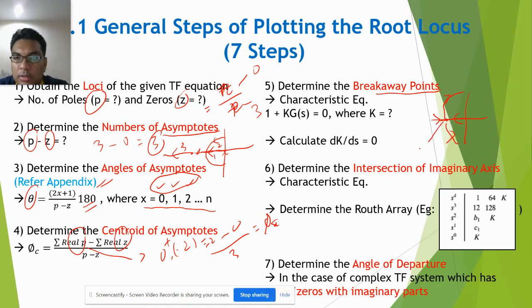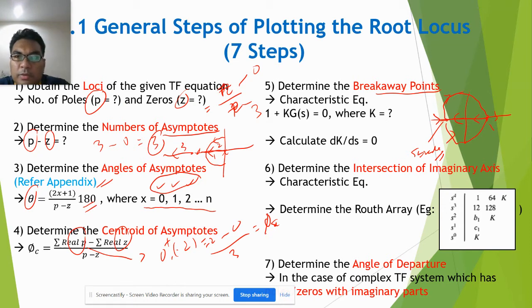This is what we call a breakaway point. There's another term we call a break-in point, where after going in their directions, later on they meet again at some point and go into another direction. Okay, so there's a breakaway where they separate and there's a break-in point where they meet again.